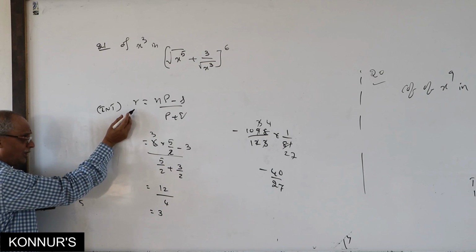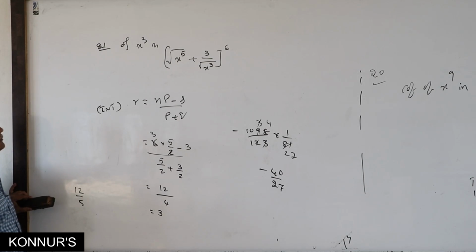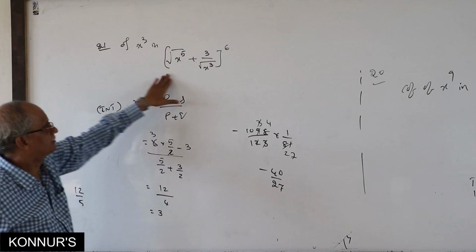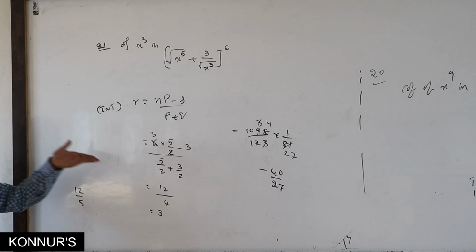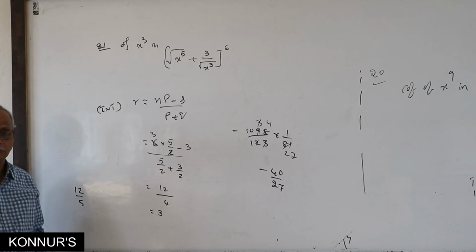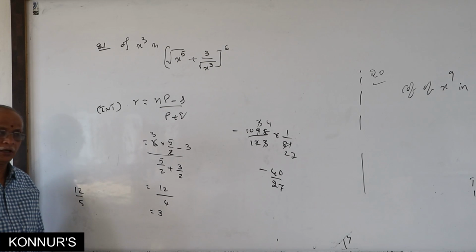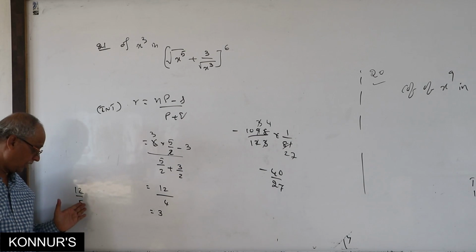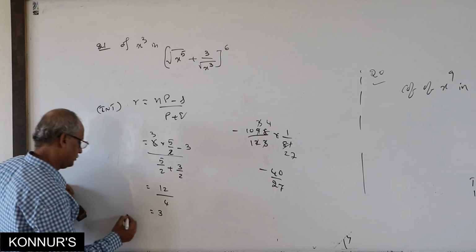If you end with R as a fraction, such a term does not exist in the expansion. There is no x cube term in the expansion. That is the meaning: the coefficient of x cube is 0. The answer must be either 0 or does not exist. Here you got an integer.